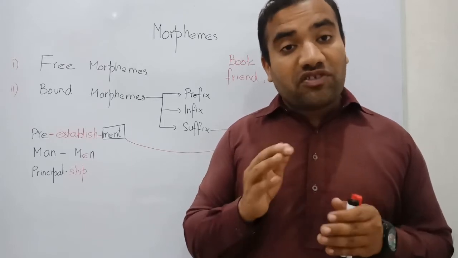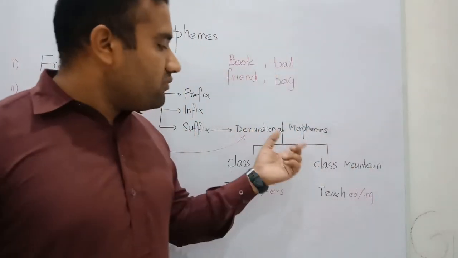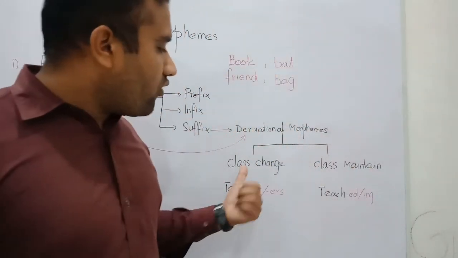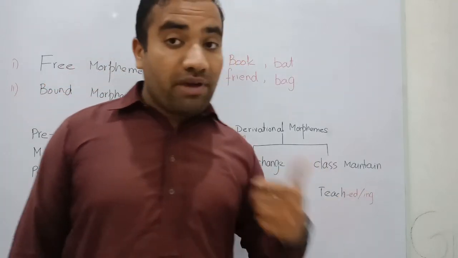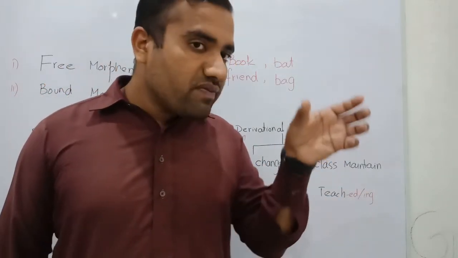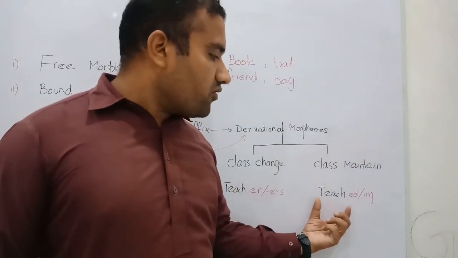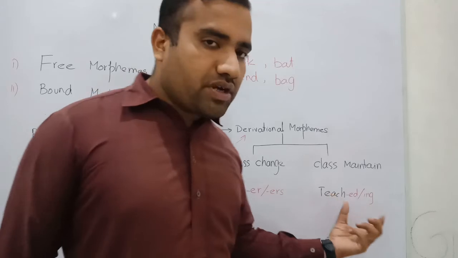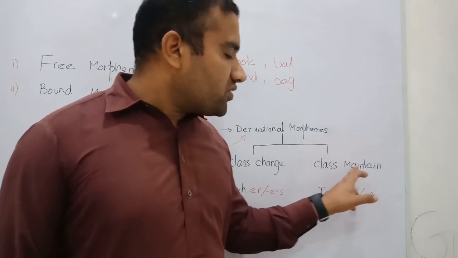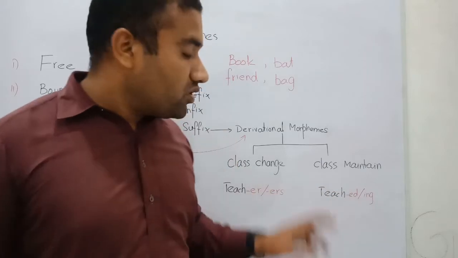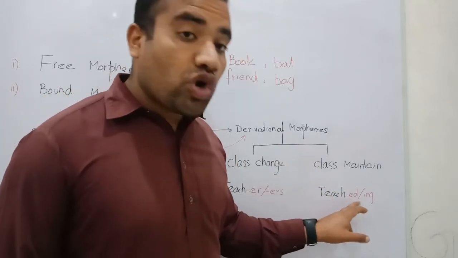So let's move toward the derivational morpheme. Derivational morphemes are of two types. One is class change and one is class maintain. We have the root morpheme, and if the root morpheme does not change its class, this is called the class maintaining morpheme. Let's see, teach, we can say taught.